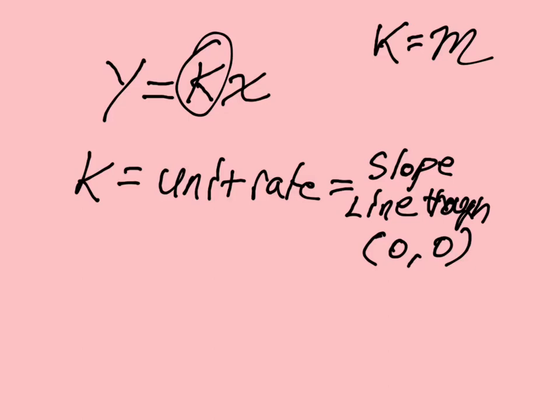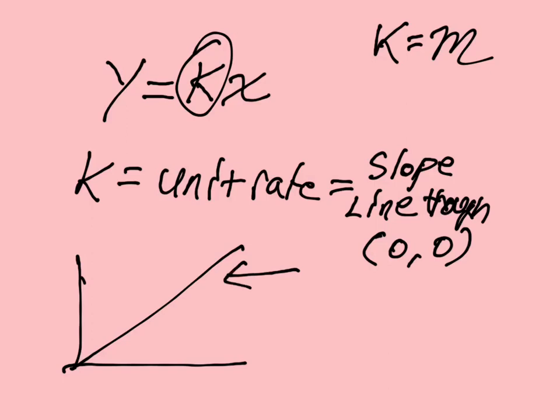And it is simply the slope of that line that goes through the origin in a graph. That's really all it is. And so if we can get something to look like y equals kx, then we know it has constant variation.